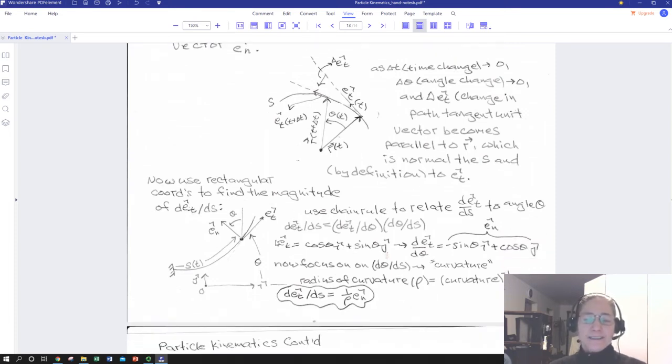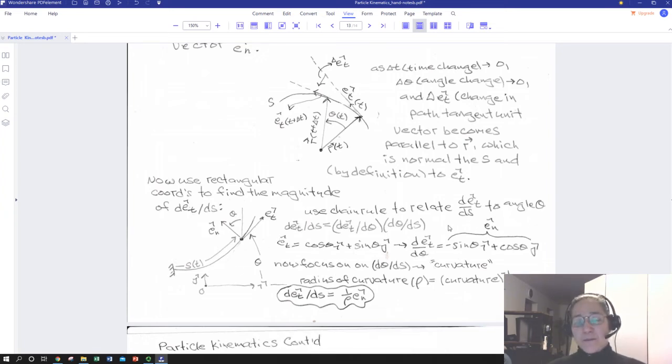So we can go through the same kind of argument that we did for cylindrical, and we can use a rectangular coordinate system to derive the same set of expressions using a cosine and sine with an i hat, j hat reference to a particular path.